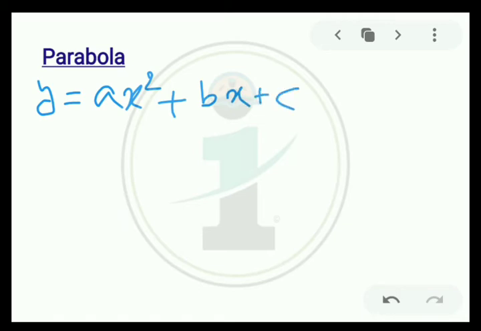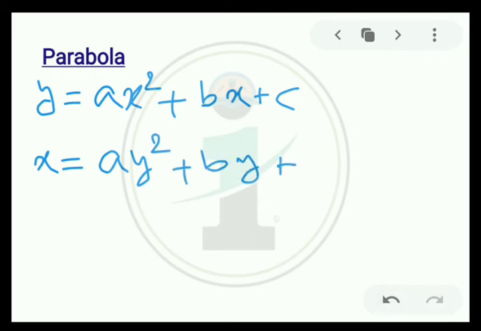So this is the simplest form of the equation of a parabola, or you can think of the equation like this: ay square plus by plus c. So this is what the equation for a parabola is.